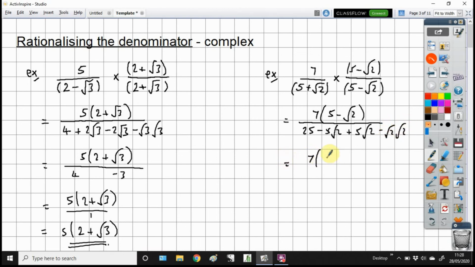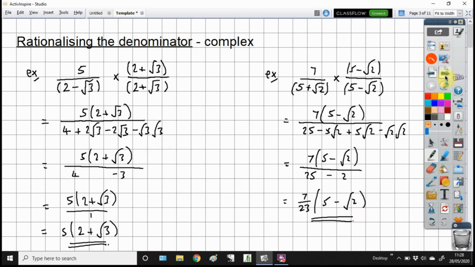So 7 bracket 5 minus root 2 all over 25 minus 2. That is 7/23 of 5 minus root 2. And we've rationalised the denominator.